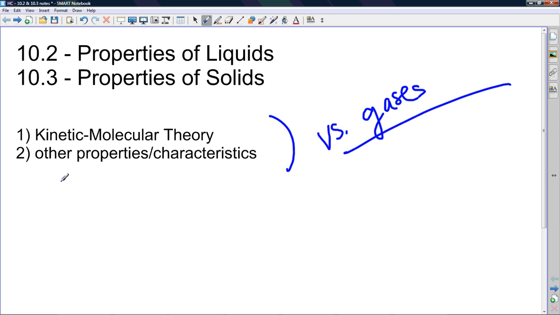Now, to be a little bit more specific in terms of liquids, there are a couple other terms that come in here that weren't in gases. For example, they're going to talk a little bit about surface tension.